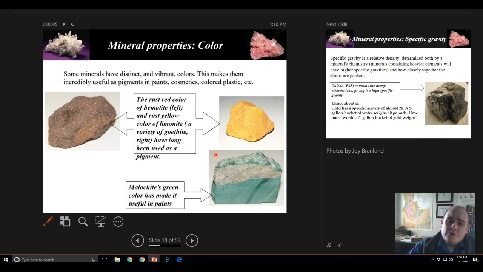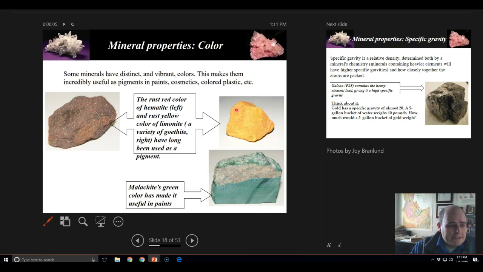Now, color we use for lots of different things. For example, in the hematite here, hematite has lots of iron in it, and because it has all that iron in it, we can take that iron out of the mineral and use it for making steel and other things with which we use iron, right? So steel is just one of those metals.